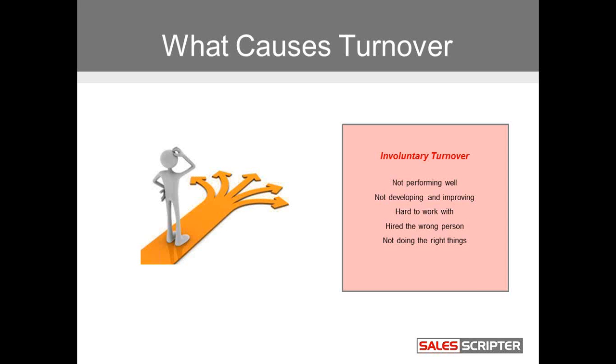Maybe you hired the wrong person. Just as a salesperson could choose the wrong job, you could choose the wrong person. And at the end of the day, they might not be doing the right things. And that could be a variety of things. But if someone's not following direction and not doing the right things, if there's a pattern of that along with other stuff, they're not performing well, they might need to be terminated.